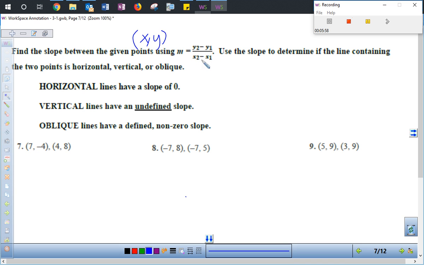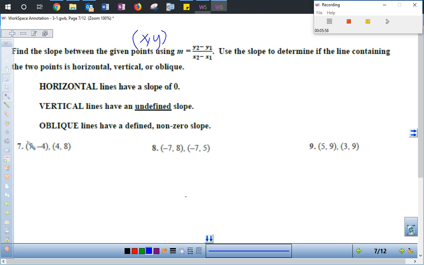Those subscripts identify that the x sub 1 and the y sub 1 make one ordered pair, and the x sub 2 and the y sub 2 make another ordered pair. It doesn't matter which one is your first or second ordered pair. What matters is that you keep them together.